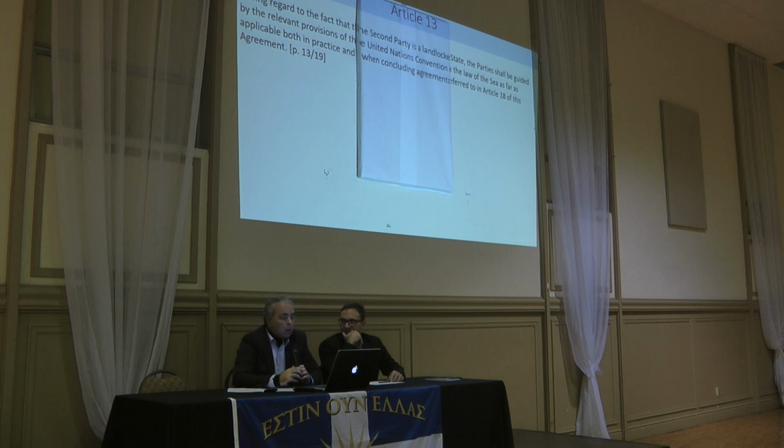So now, this article will be very useful for FYROM because they can use it for fishery. Why? Because in fact, this position is based on Article 69.